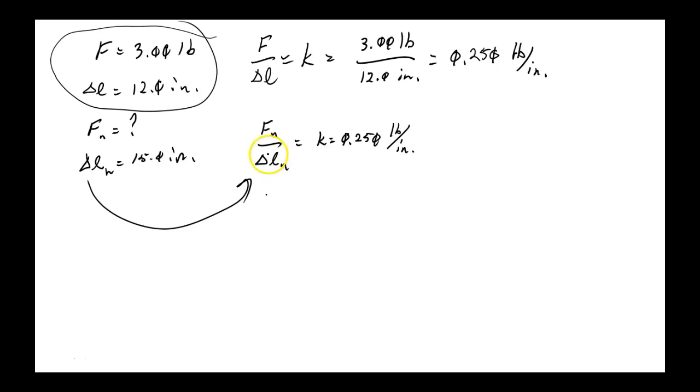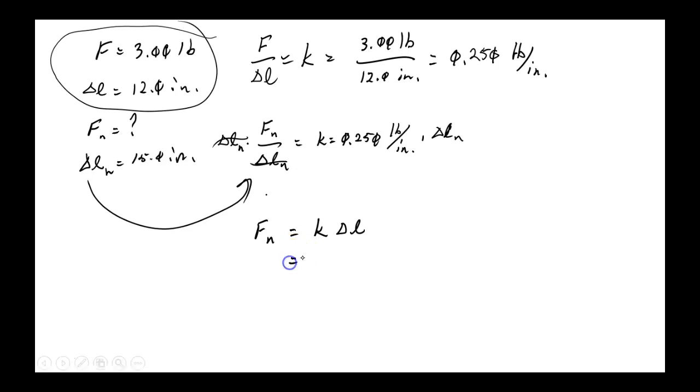Okay, so we're going to solve for delta L first. How we're going to do that is multiply both sides by delta L sub n. Okay, they disappear here, which is good. I don't like denominators that much anyway. So you have F sub n is equal to K times delta L. But we're looking for, that's it, right there, isn't it?